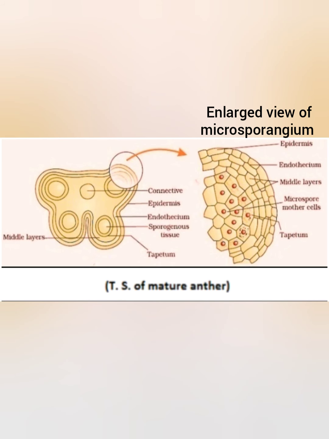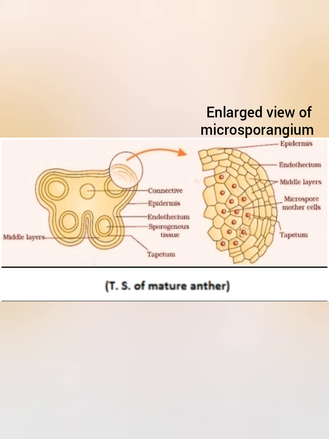Next, what is the structure of the microsporangium and what are the different layers of the microsporangium? As you can see in the diagram, there is an enlarged view of one microsporangium showing all the wall layers. A typical microsporangium is roughly circular or round in outline. It is surrounded by four wall layers.